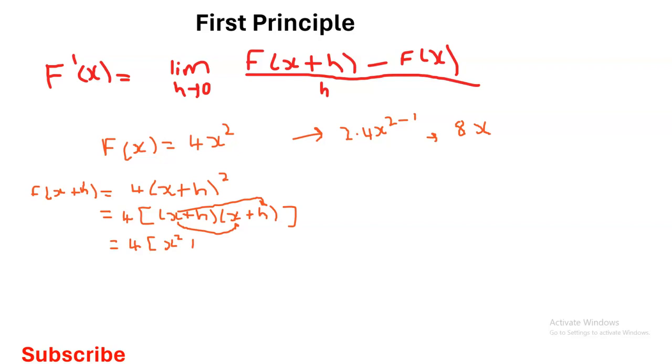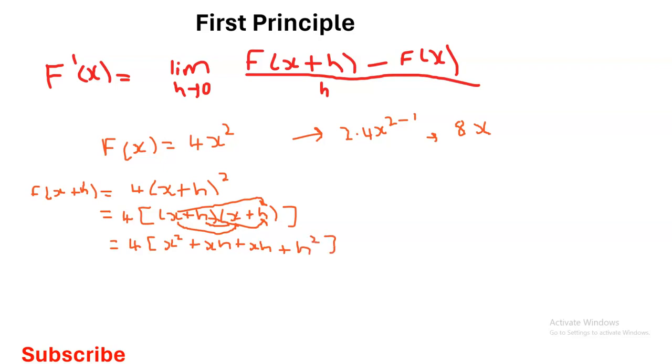Then the h that we have here will multiply the x, and again it will come back as xh, the same term coming back again. The last h here must multiply the last h there, meaning we end up with h times h, which is h squared. So we've done the simplifying there.